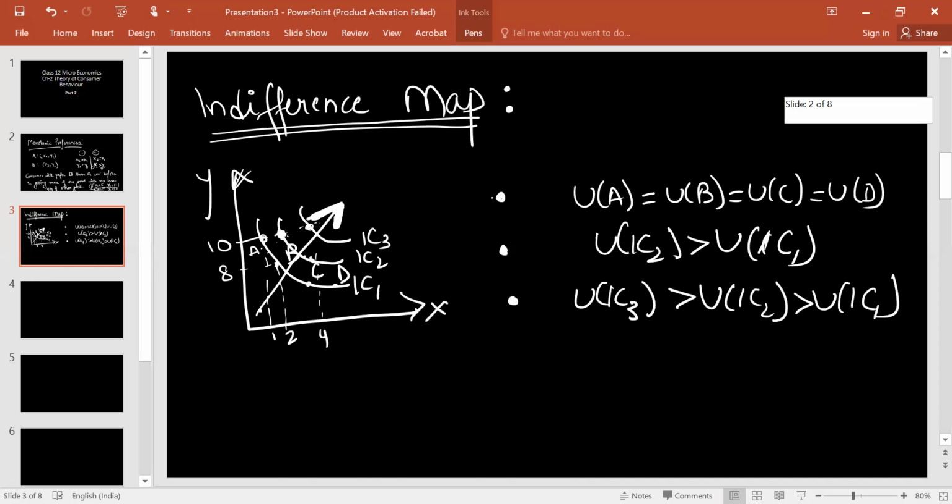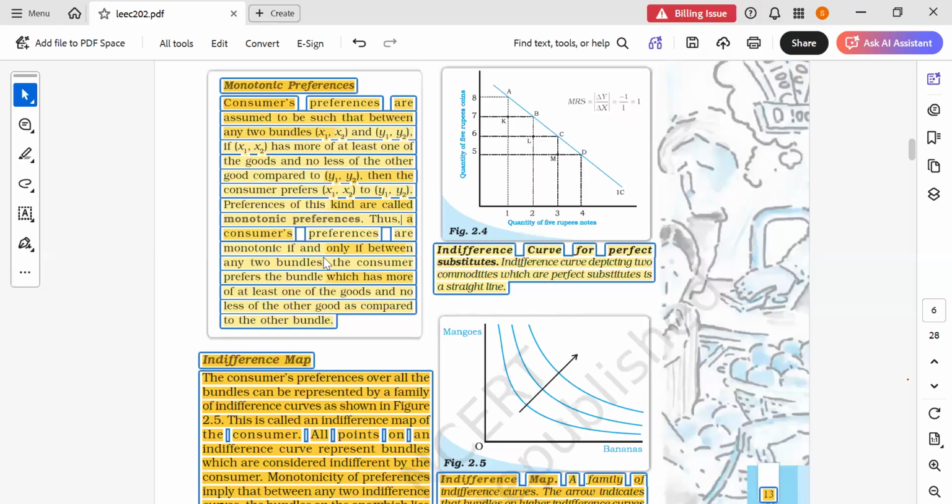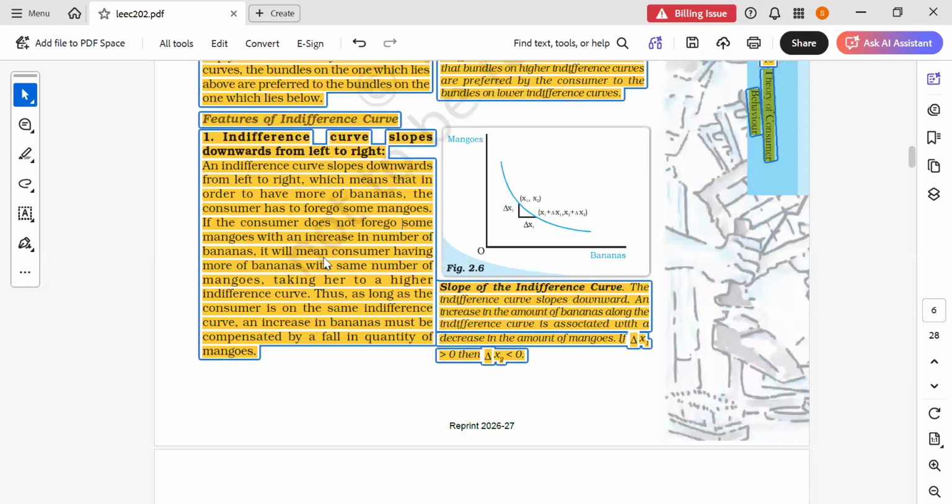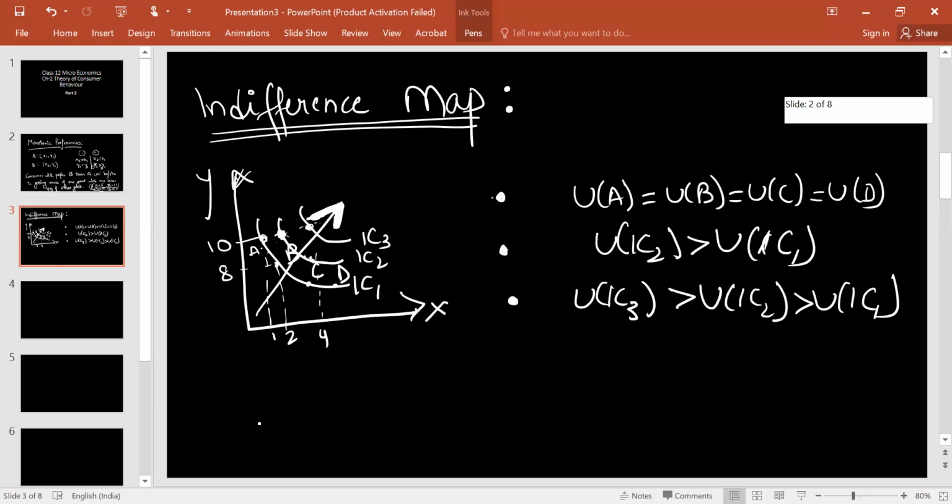This shows that as we go from one indifference curve to the next, from left to right, the level of utility increases, right? The utility level increases. This is shown by this arrow. All right. Now, this is what is being mentioned over here. So that is basically what the indifference curve map is all about.